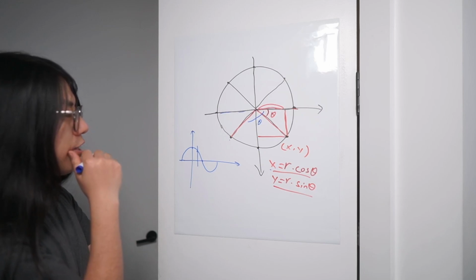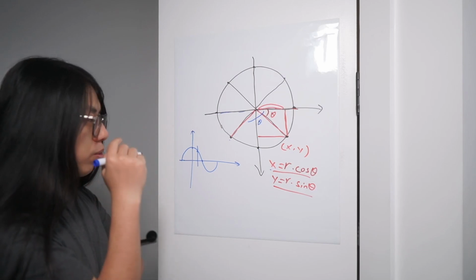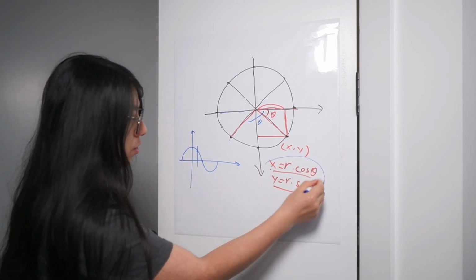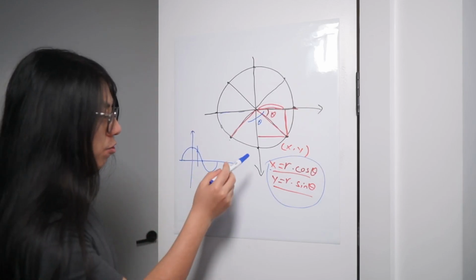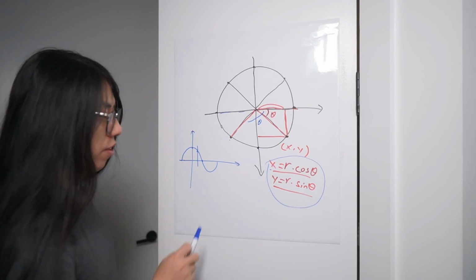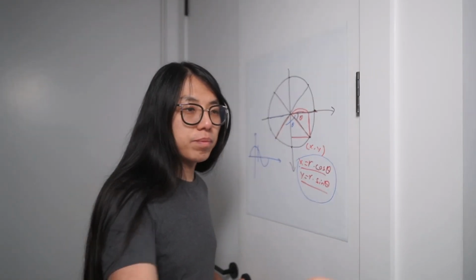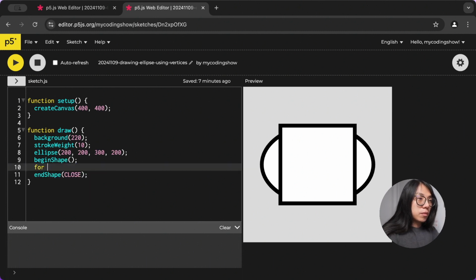Okay. Maybe let's get back to the coding, and maybe soon we'll find out the answer. So let's try to plug this function in and see what's going to happen. So the x is going to be r times cosine theta. Y is going to be r times sine theta. So once we get back to the code, instead of this square, let's use a for loop. Let's create a for loop and let i equal 0.